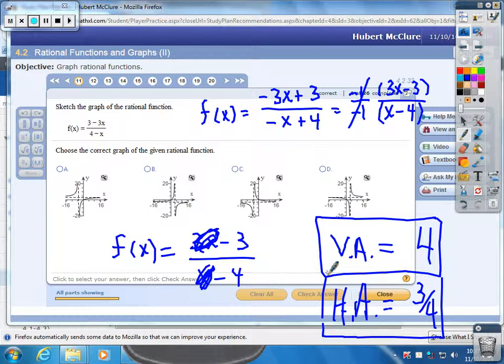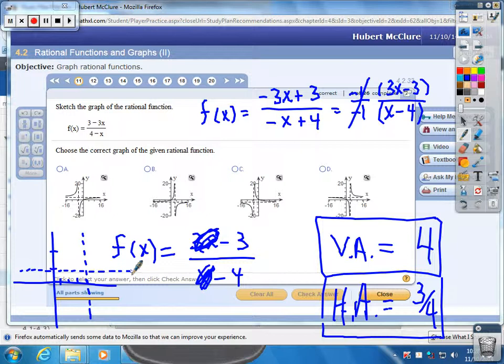So now I'm going to draw a sketch of this. The vertical asymptote is 4, and the horizontal asymptote is 3/4. Now, we've got x over x, but the negative might be messing with us a little bit.